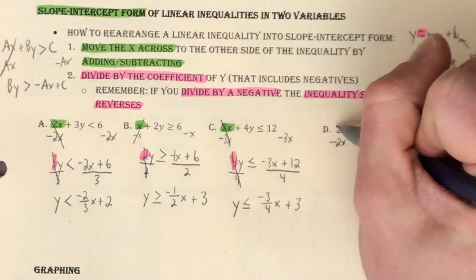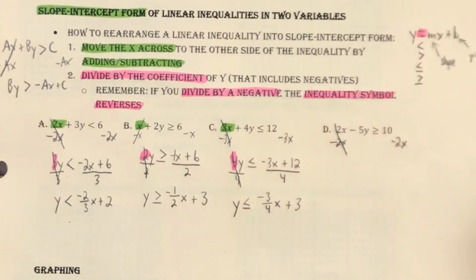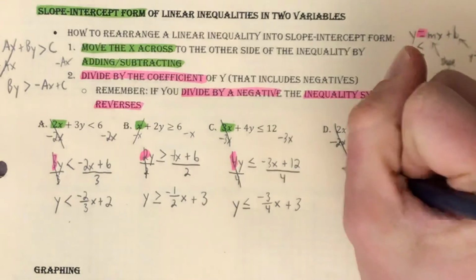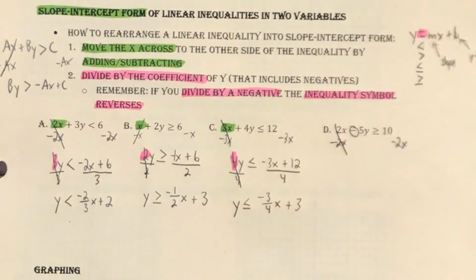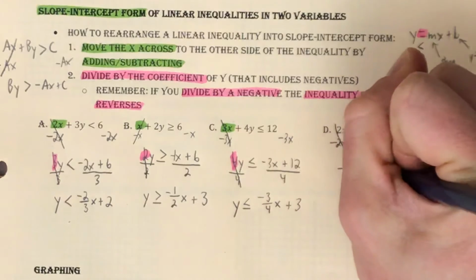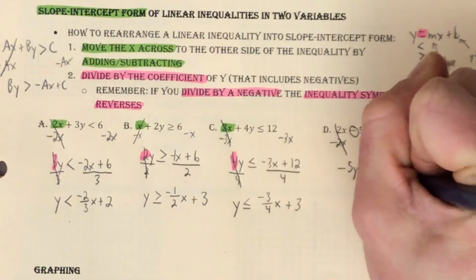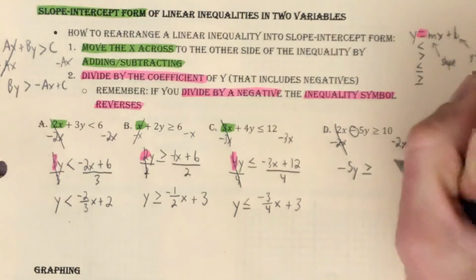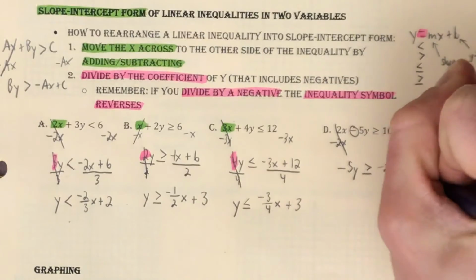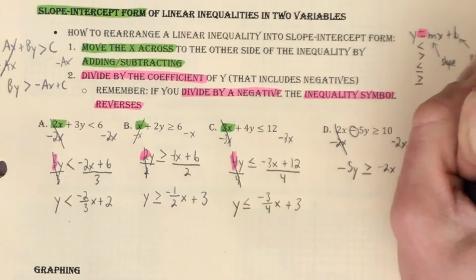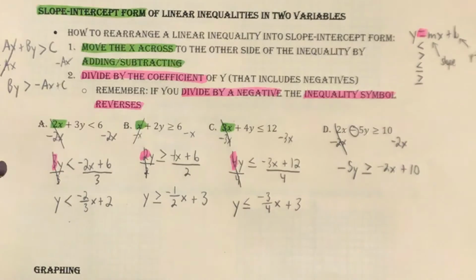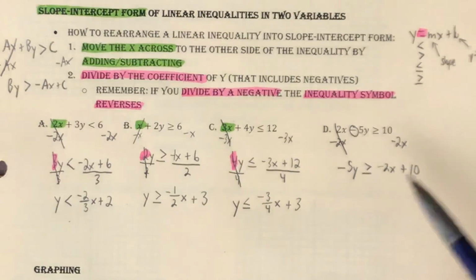Now 2x minus 2x is 0, or cancels out, and I'm left with negative 5y, because there's a negative right there, greater than or equal to, again my x is first, so negative 2x, and that's a positive 10, so plus 10.